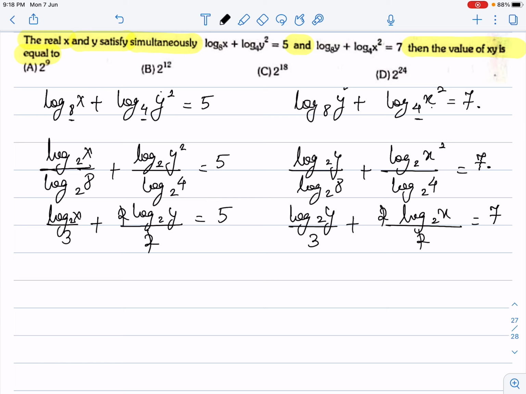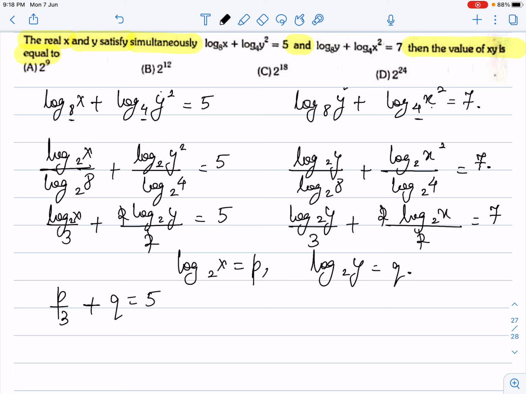Now my dear students, I will assume log x base 2 as a variable p and log y base 2 as a variable q. So the first equation would be written as p by 3 plus q is equal to 5. And the second becomes q by 3 plus p is equal to 7, since log x base 2 is assumed as p. Now in your 10th standard you would have learned this type of thing.